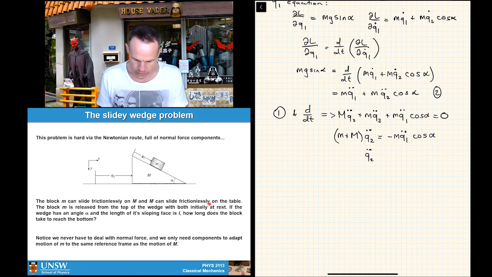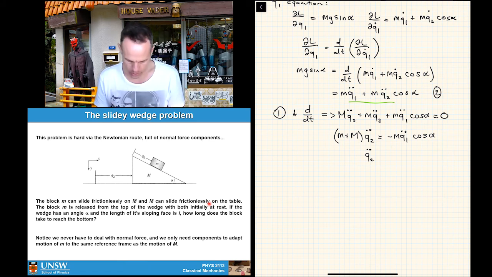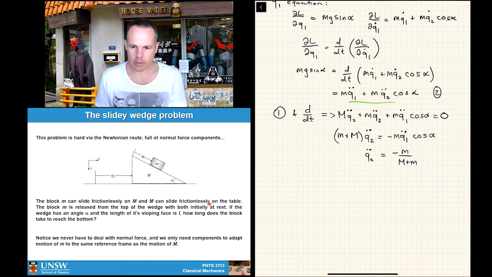Because you'll notice that back up where I had equation 2, I've got a term in Q1, I've got a term in Q2 double dot, and if I can substitute something in from the other equation, I've got 2 equations to solve 2 unknowns, right? Okay, so this is going to be minus m on big M plus little m. I should have bought a packet of M&Ms to eat while I did this problem. Q1 double dot cos alpha.